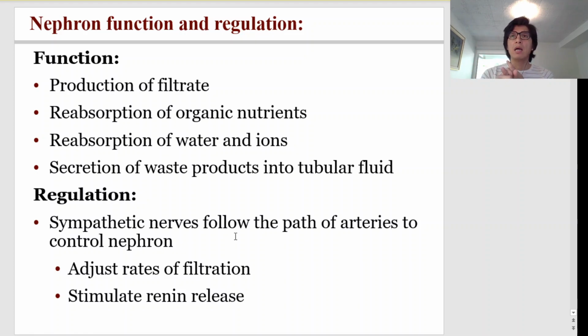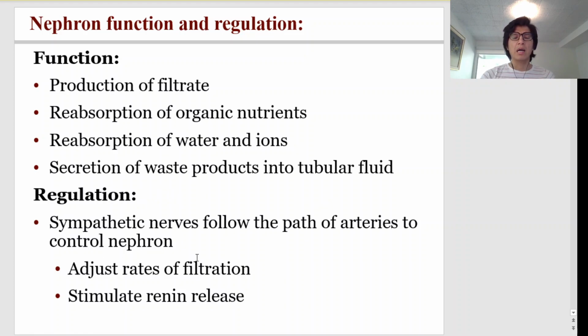And then we secrete components from the blood into the filtrate that haven't yet entered the filtrate. So this would include creatinine, for example.